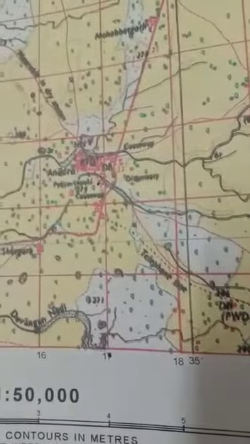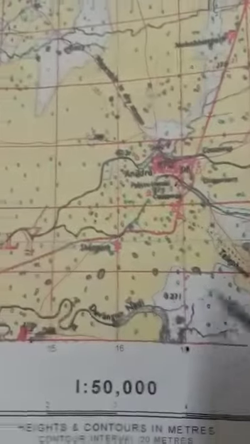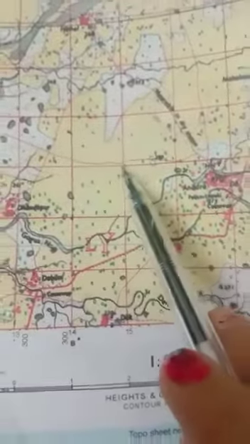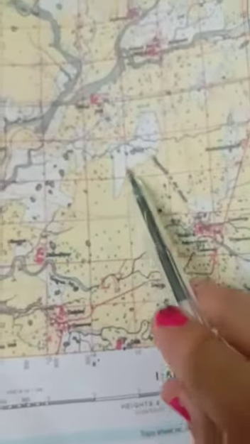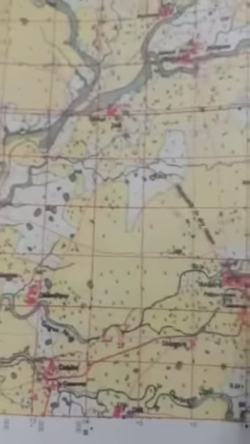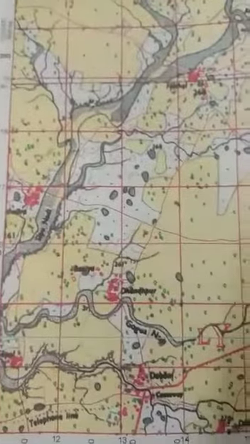So 15 is here. 19 and 15. 19 is your this, sorry, here it is.